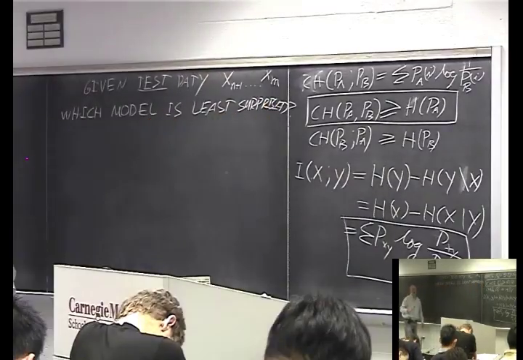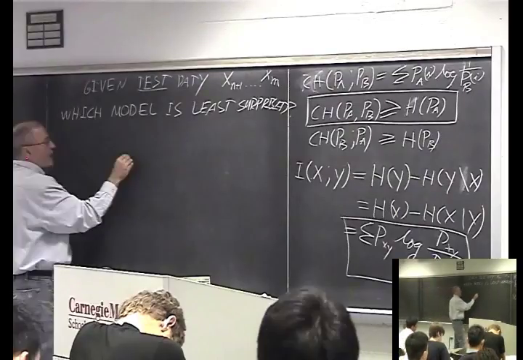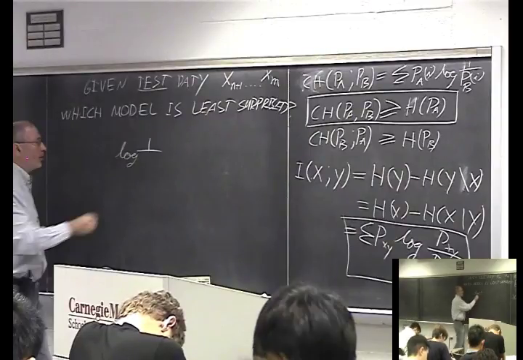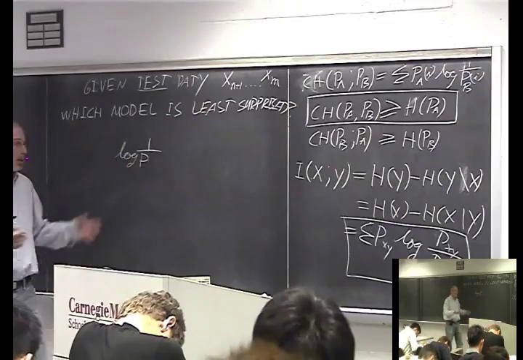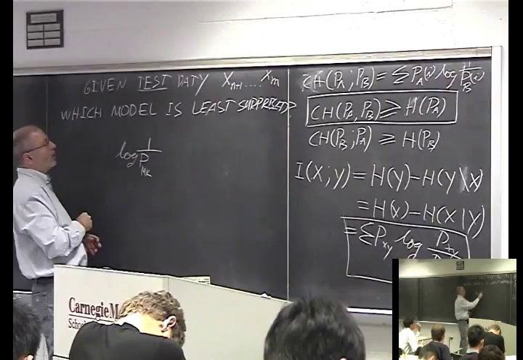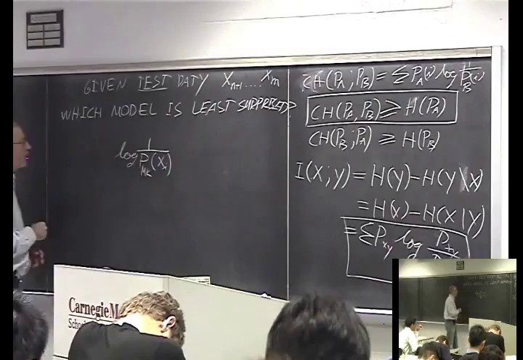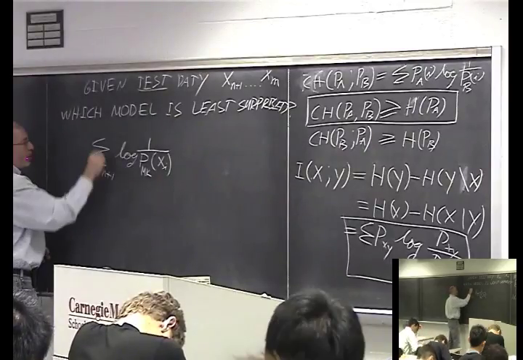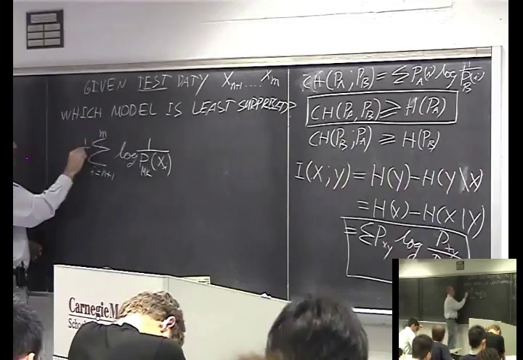So let's write the expression for the surprise, the average surprise of one given model. We'll start with the surprise itself. It is log of 1 over p, according to which model? The model we're testing, let's say M sub k, model k, of which event? Of x sub i, where i goes from n plus 1 to m. And because we're talking about average, we want to put 1 over n here. I'm sorry, 1 over m.